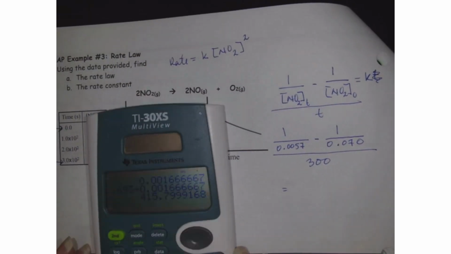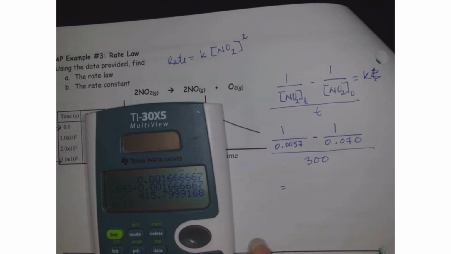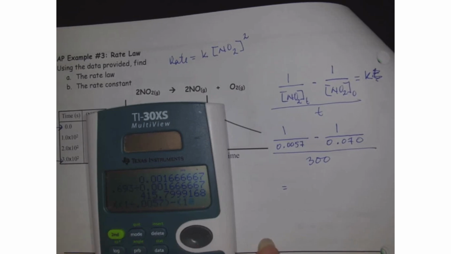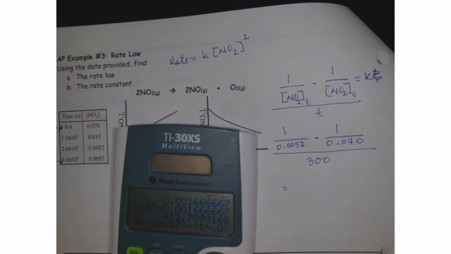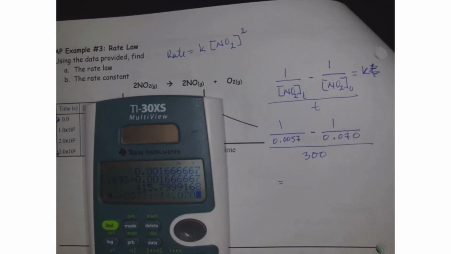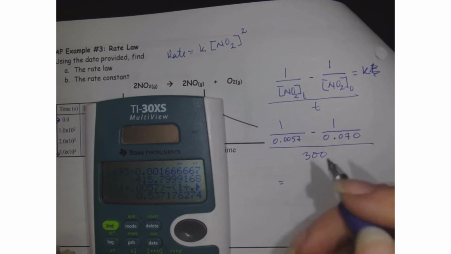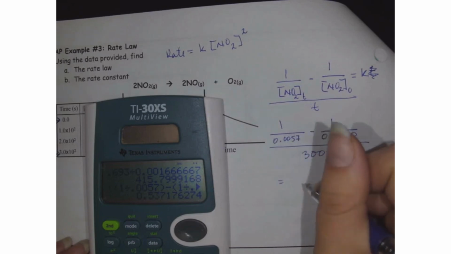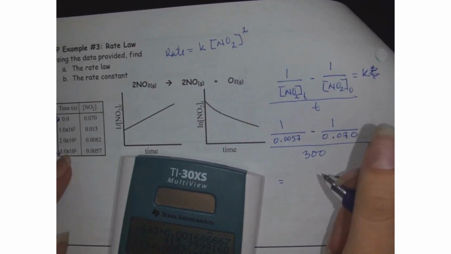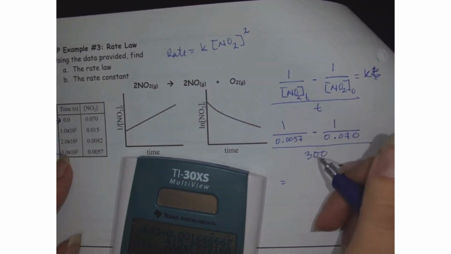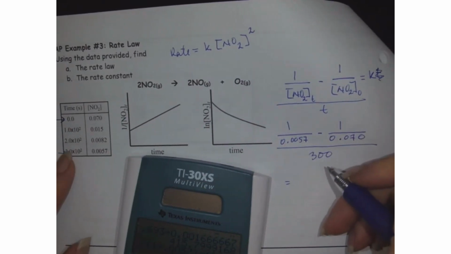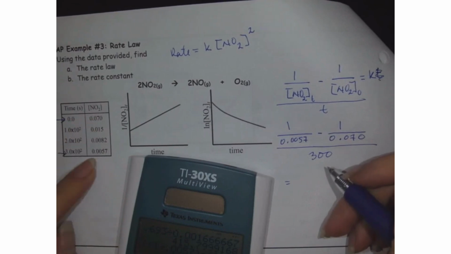Let me plug it in. So top of my fraction, 1 divided by 0.0057 minus 1 divided by 0.070, divided by the bottom of the fraction, which is going to be 300. And so K is going to equal, and this was 2 sig figs in the table here, that was 2 sig figs, and this one was 2 sig figs.